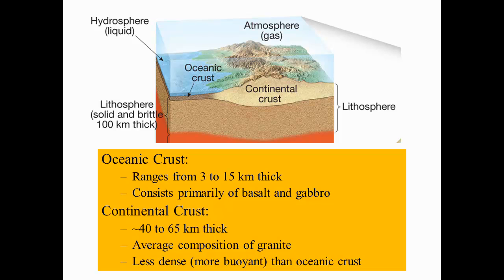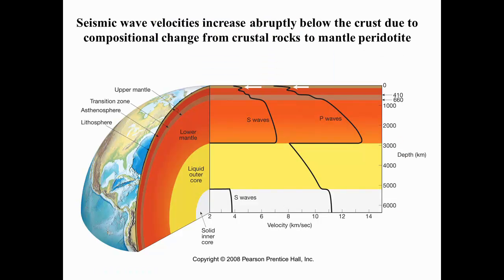And as we saw at the beginning of the semester, oceanic crust is quite a bit thinner, ranging from 3 to 15 kilometers thick, and consists primarily of basalt and gabbro, whereas continental crust is significantly thicker, ranging from 40 to 65 kilometers thick, and has the average composition somewhere around a granite. As a result, continental crust is less dense, more buoyant than oceanic crust.